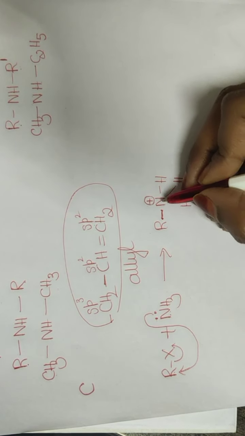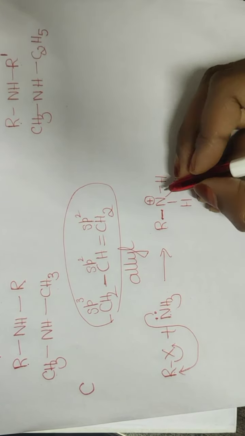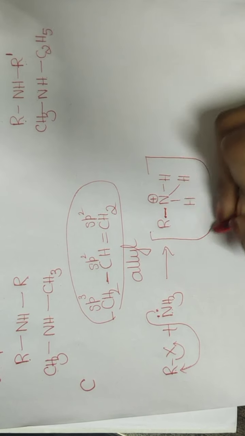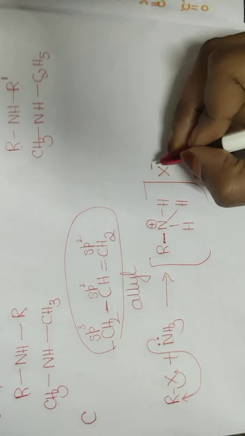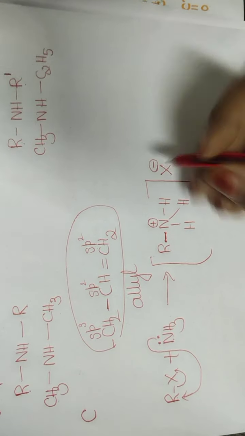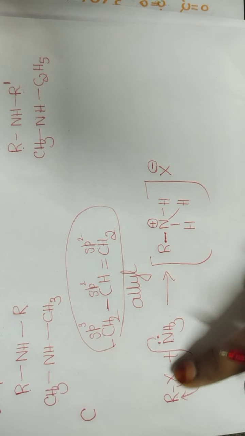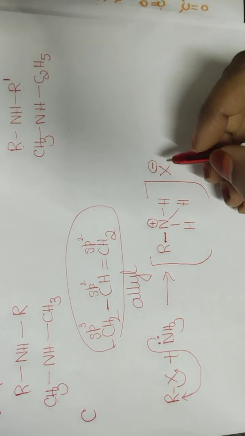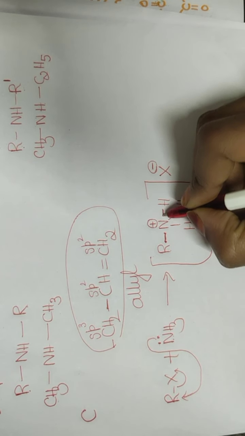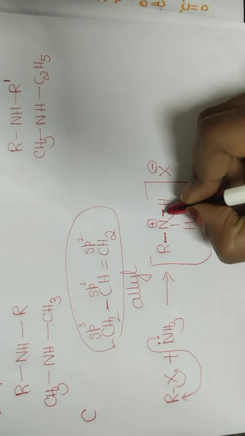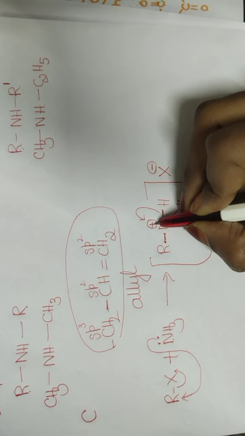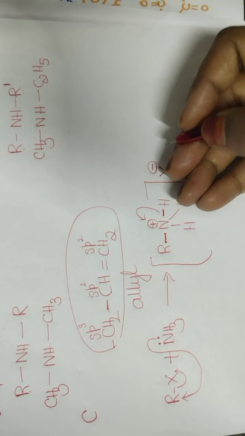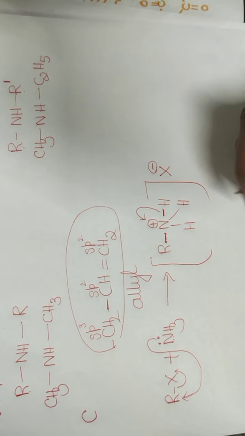Therefore nitrogen will have a positive charge, and since it has a positive charge, it will have an electrostatic attraction with the halide ion which has left the substrate. Immediately one pair of electrons will stabilize this positive charge. This hydrogen will come out as the proton H plus.